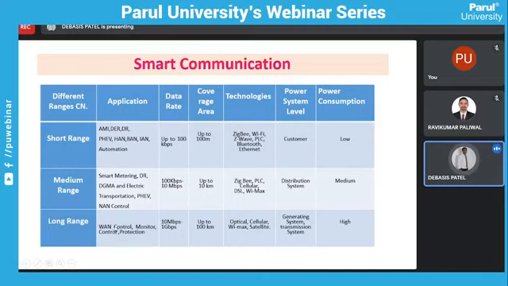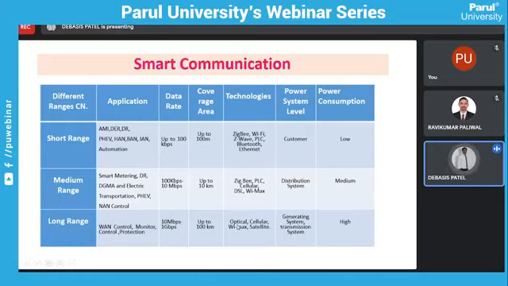Again, long range is the wide area network, where information transfer takes place between generation and transmission. For that, the data rate is 100 Mbps to 1 Gbps. Obviously, whenever we are dealing with long distance, our data rate should be more, and coverage area is also 100 kilometers. This is optical fiber, cellular, WiMAX, satellite.